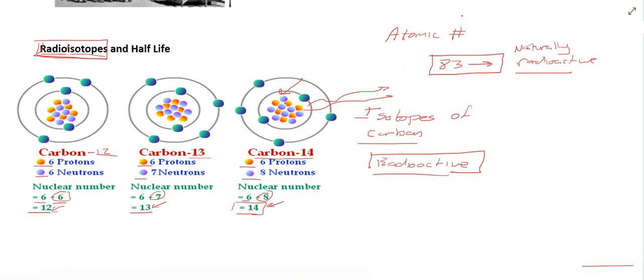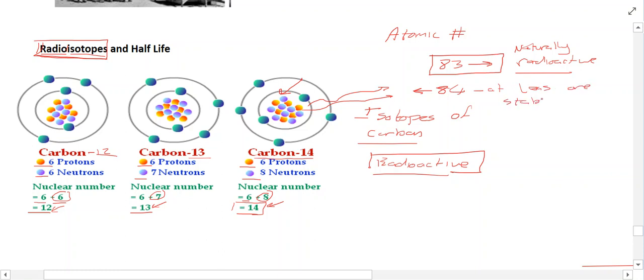Now, when you have elements with an atomic number of less than 84, generally they will have at least one stable isotope.